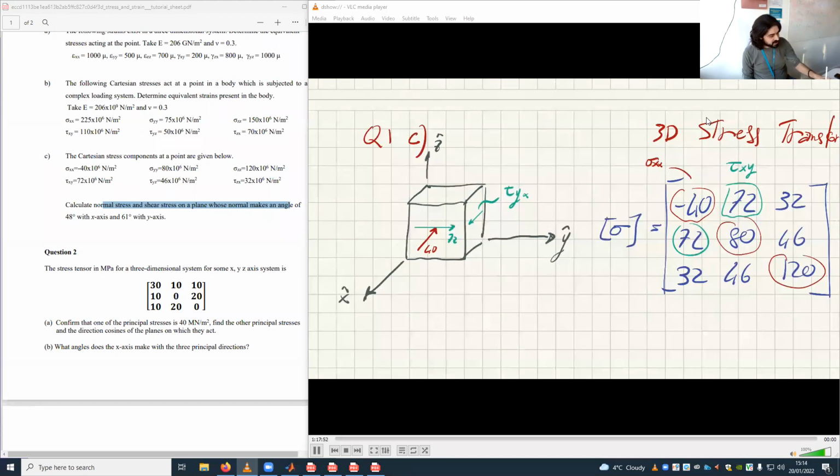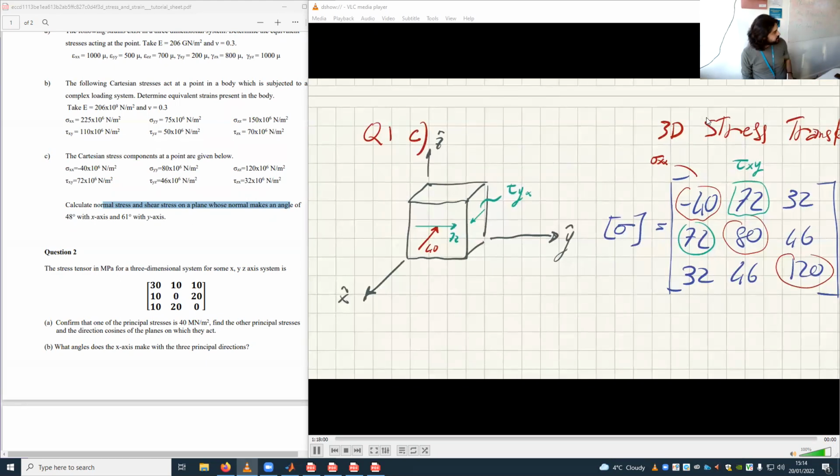And this, look at this. This is tau that lives on the face y. This is face y and goes in direction x. Then we have the blue one, this one, tau xz.